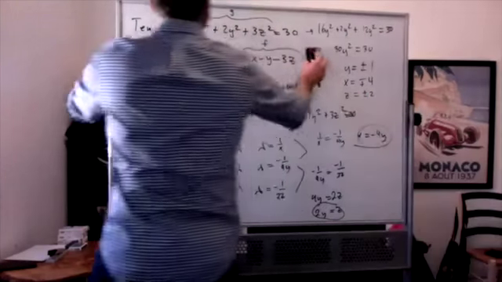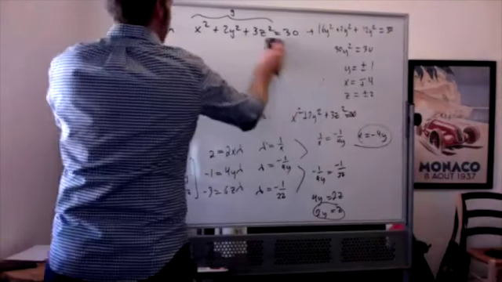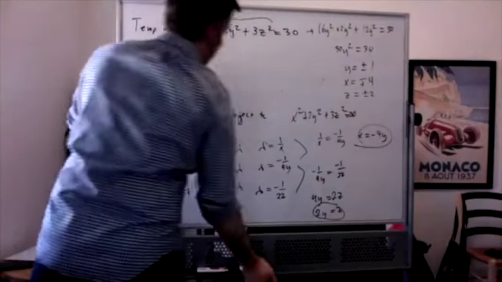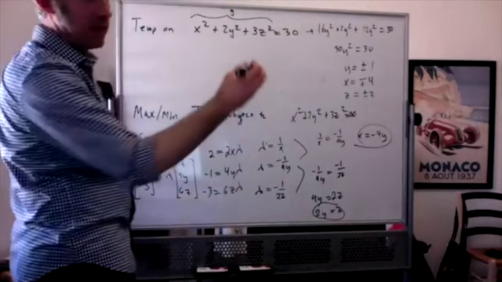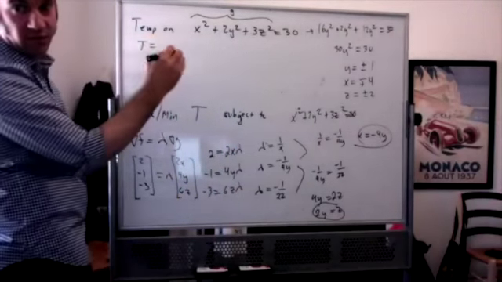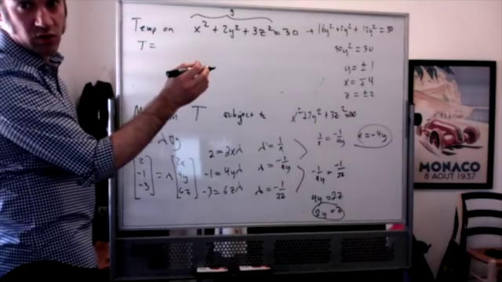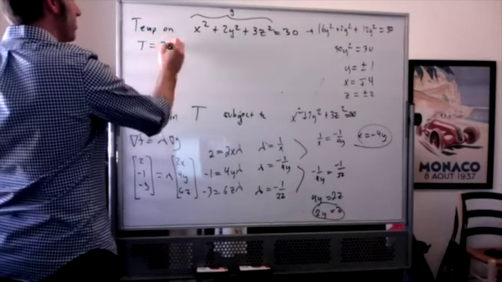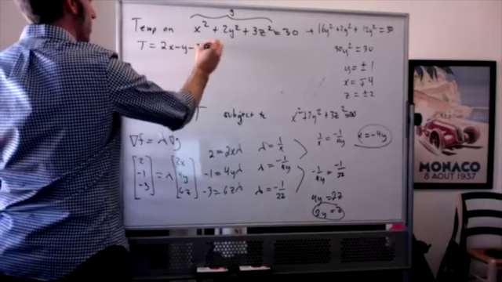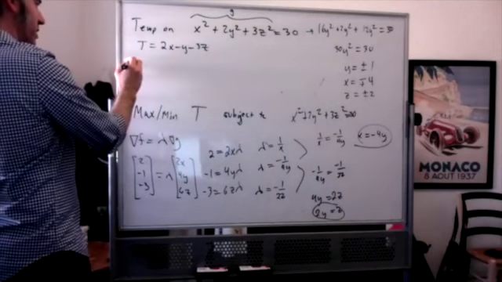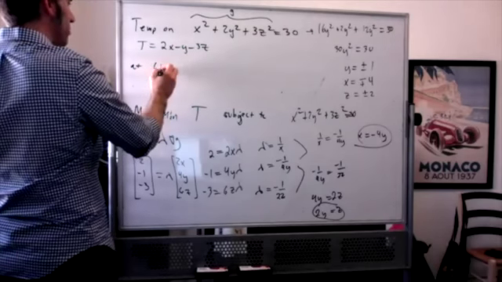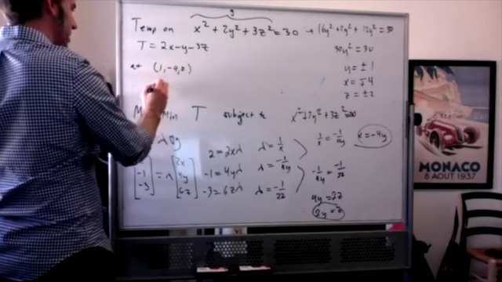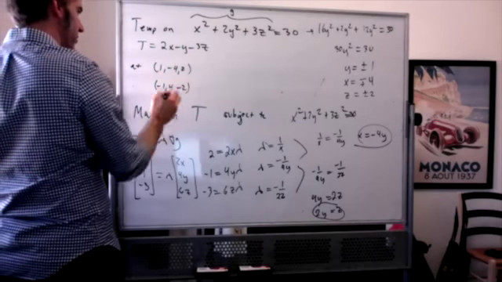So the hottest and coldest points are, which I literally just erased the equation I wanted. Oh well. My temperature, if you recall, was given by 2x minus y minus 3z. So my hottest and coldest points are going to be at 1, negative 4, 2, and at negative 1, 4, negative 2.